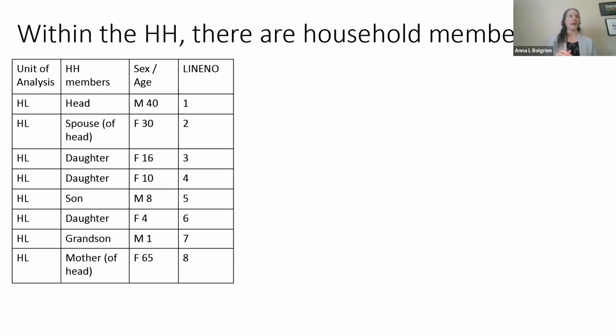And those are the children in lines 3, 4, 5, and 6. There is a grandson who lives in the house who's age 1 in line 7. And then the mother of the head of the household is located in line 8. So each of these individuals is assigned a particular line number within this household.